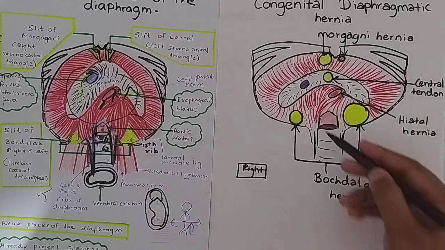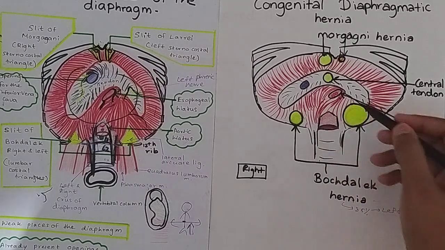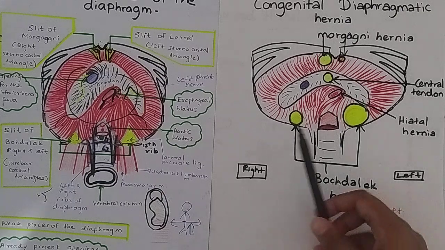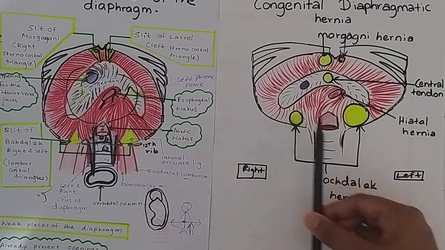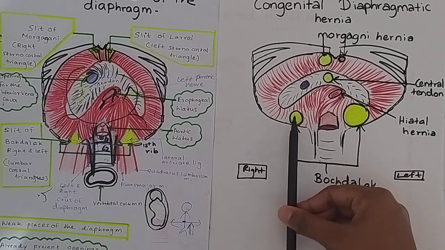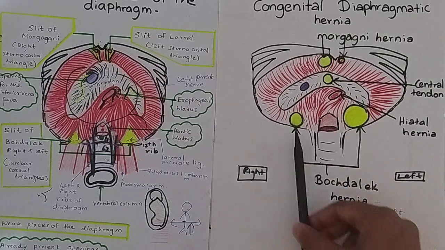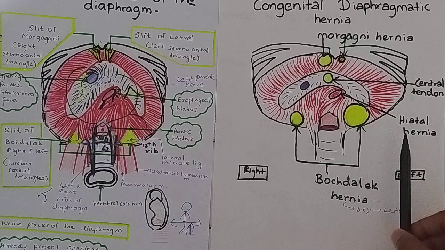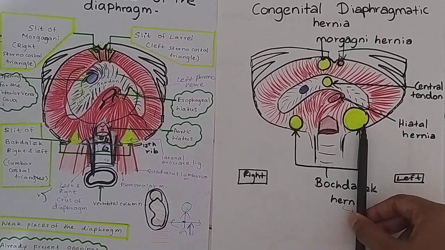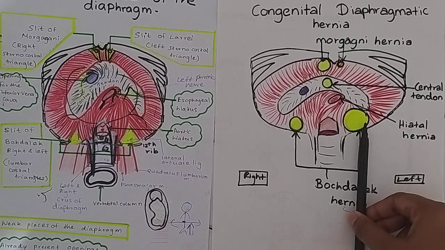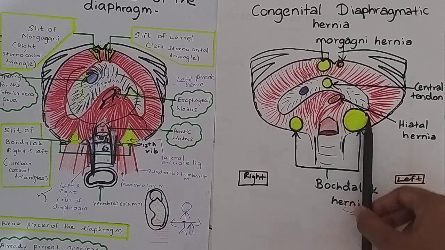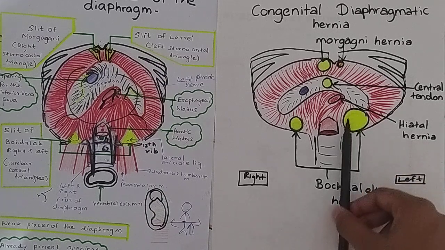Here you can see that I have drawn different sizes, because on the right side the probability of herniation is less. In Bochdalek hernias, the probability is less on the right side and more common on the left side. Actually 80% of Bochdalek hernias are on the left side, right?